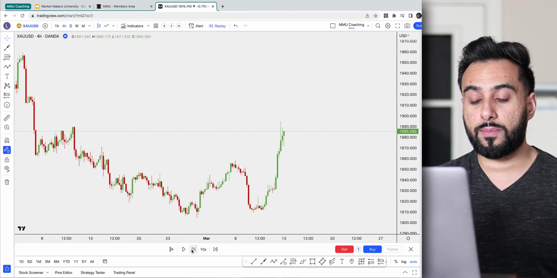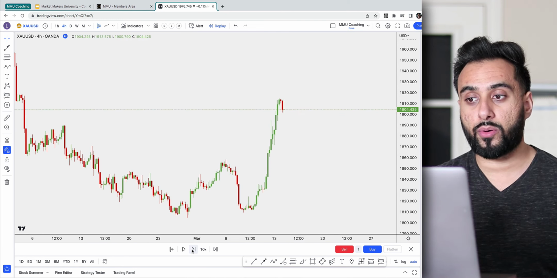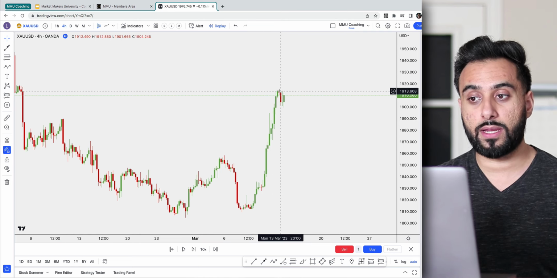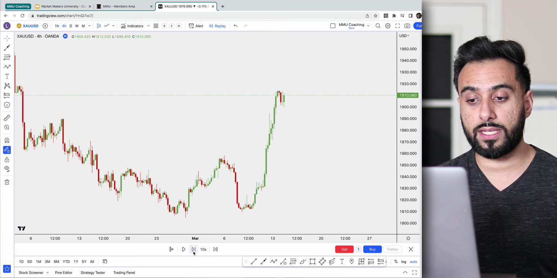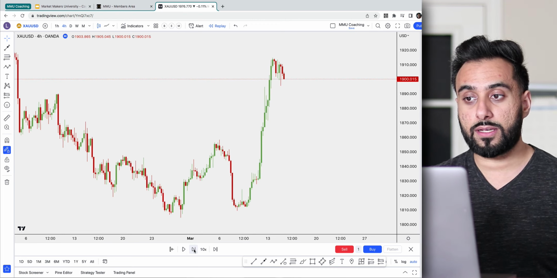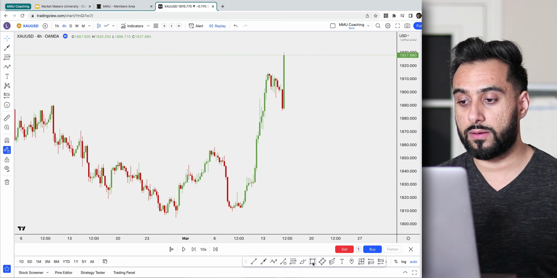As the price is continuing to move, we see that the price has now pulled back, or in other words, has created an area where the price is reacting or rejecting. This could be an area where we would create that zone.